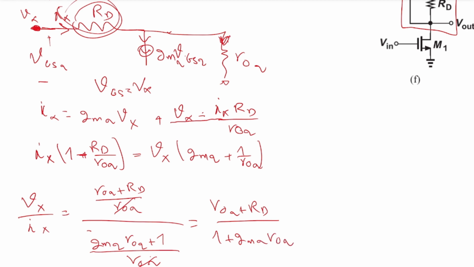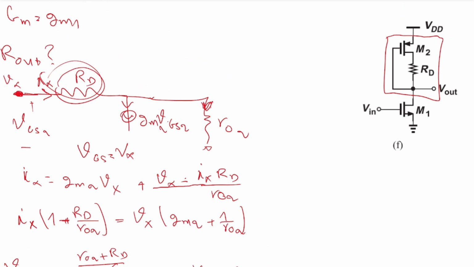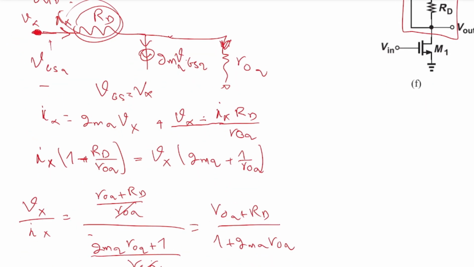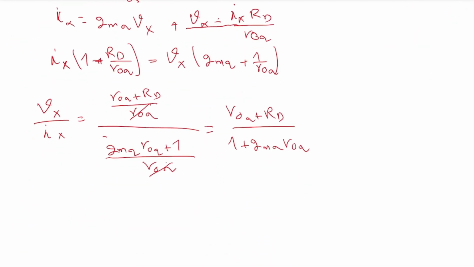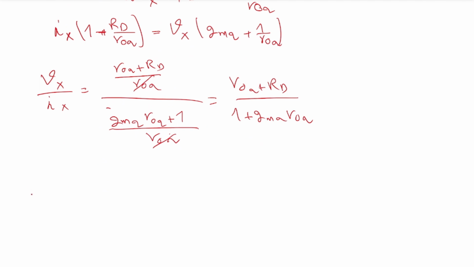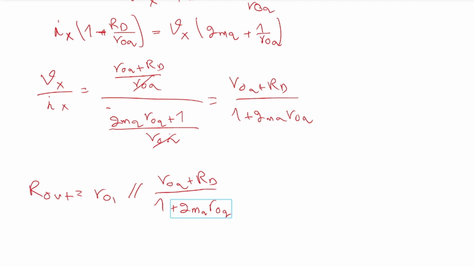So this is just the output impedance from the PMOS side. So Rout is just RO1 in parallel with RO2 plus RD over 1 plus GM2 RO2.